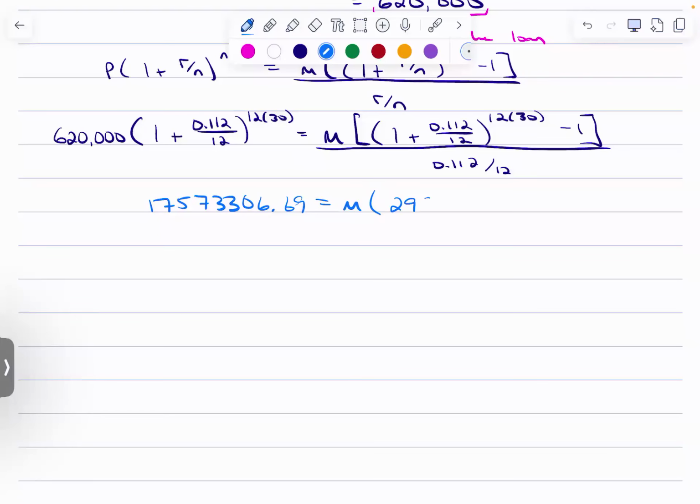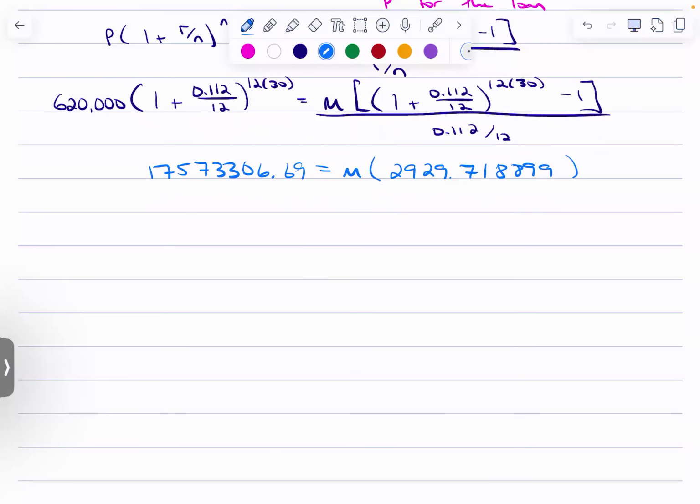I get 29.718,899. Finally, M. And let's do dark now.